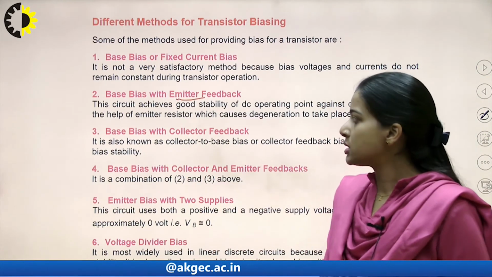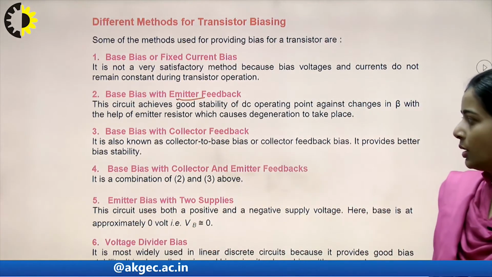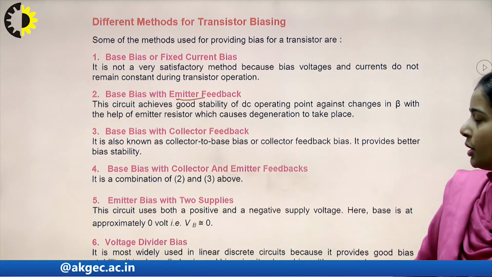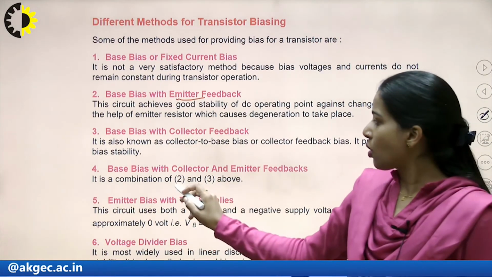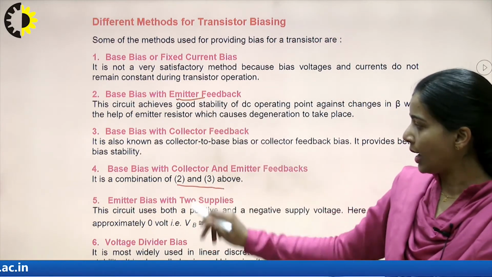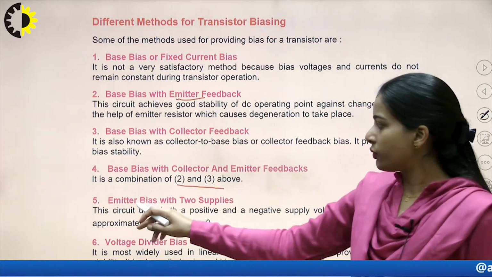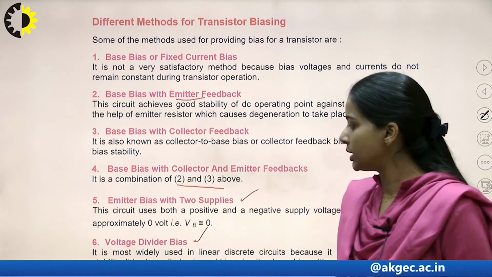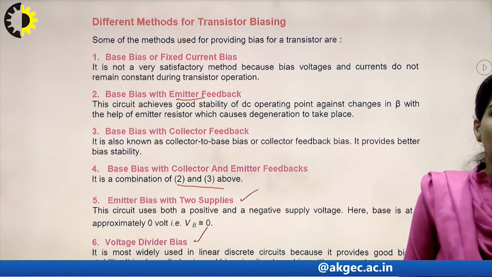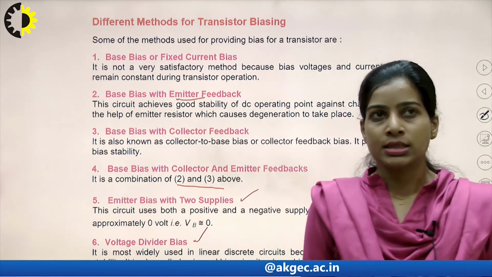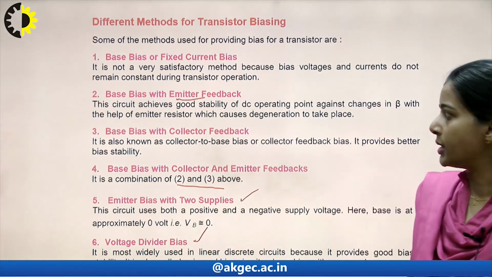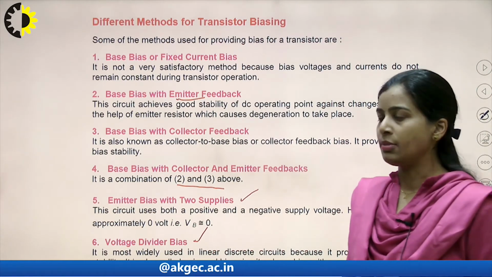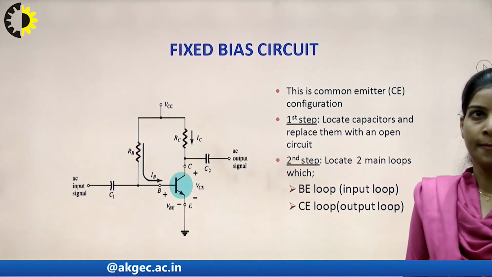The third one is base bias with collector feedback. Then we have collector and emitter feedback, that is the combination of 2 and 3. Then the fifth one is emitter bias with 2 supplies, and voltage divider bias. One by one we will discuss all these biasing configurations for bipolar junction transistor.